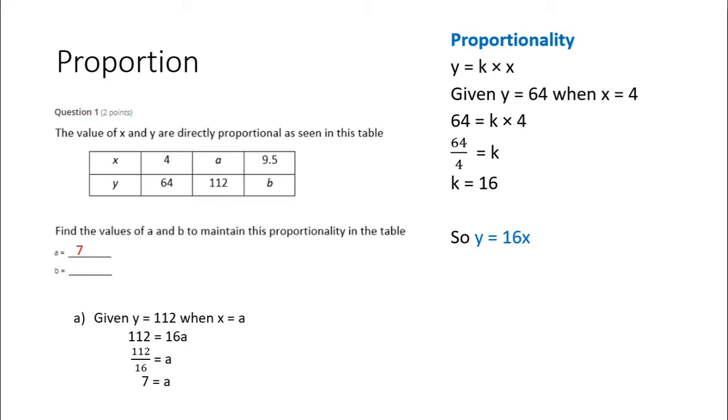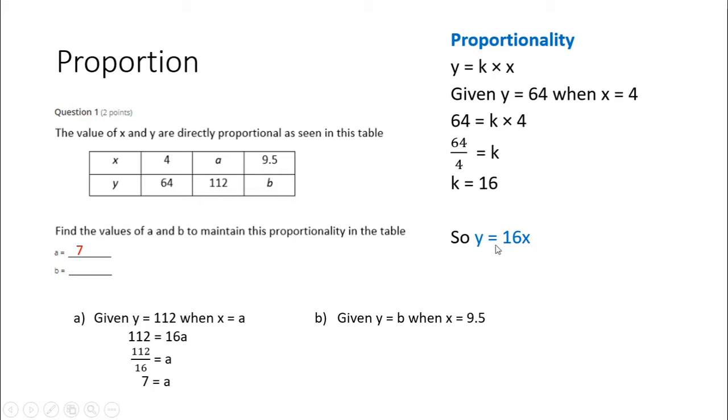For the second answer, we've already done all of the hard work over here, working out the formula for the proportionality between y and x. We know that y is always 16 times whatever x is. So for B, we're told that x is equal to 9.5. We need to work out what B is, which is the y value.